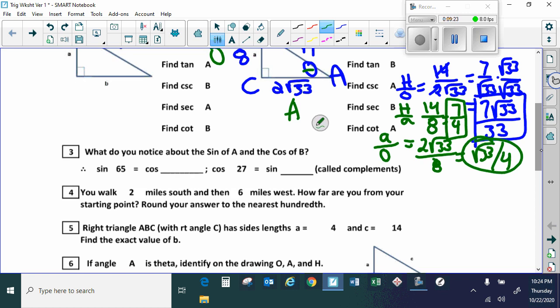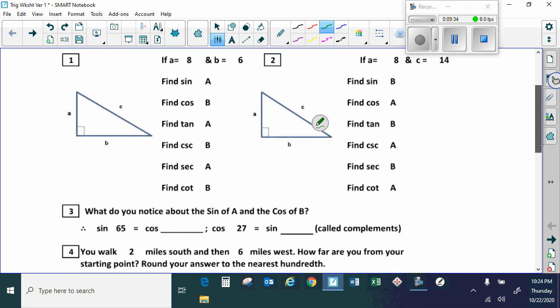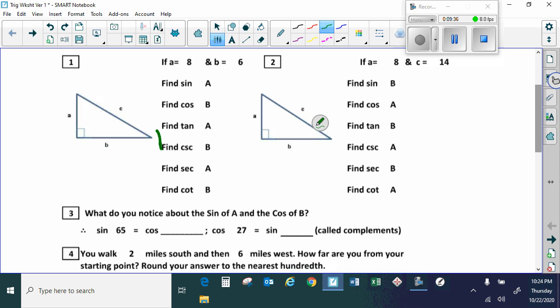So I'm going to clear this off. Make more room here. What do you notice about the sine of A and the cosine of B? We talked about this in class. Remember, these angles have to be complementary. So if I was to put this in here, A, B, C, and it says sine is 65. Let's say this one's 65, then this one has to be 25. Remember, they have to be complementary, add to 90. So in this case, the sine of 65 would be B over C, opposite over hypotenuse.